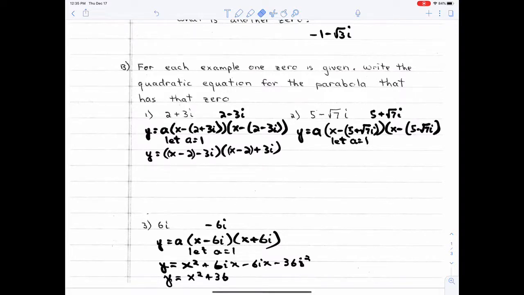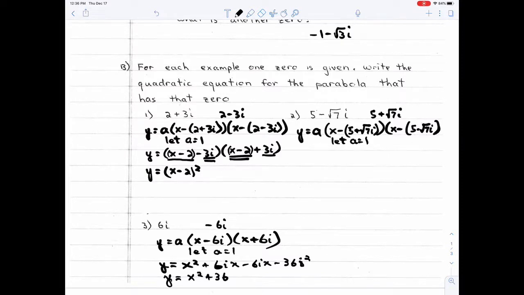Let's multiply. I'm going to take this times that, and we get x minus 2 quantity squared. Now, this is going to seem weird, but because they're conjugates, this times that and this times that go away because they're opposites of each other.